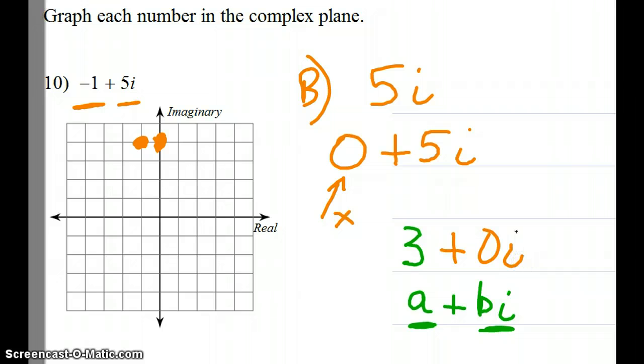So if I were to graph 3, where do I graph 3 normally? 1, 2, 3, and that would be our point. I'll label it C so we can keep our notes straight. So graphing a point in the complex number system will be similar to how we graph XY points, but we'll graph it real and imaginary.